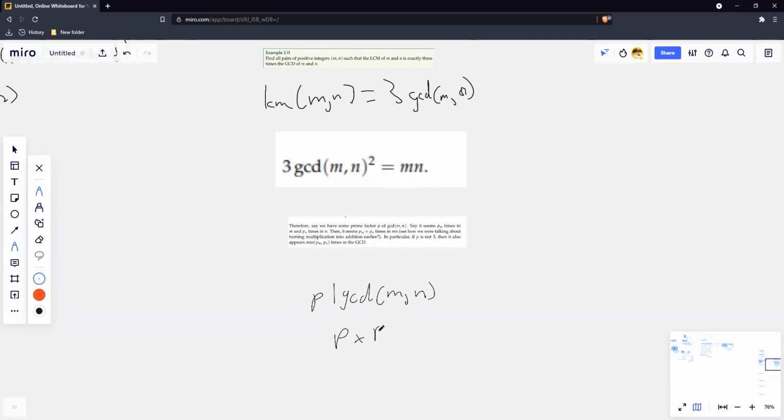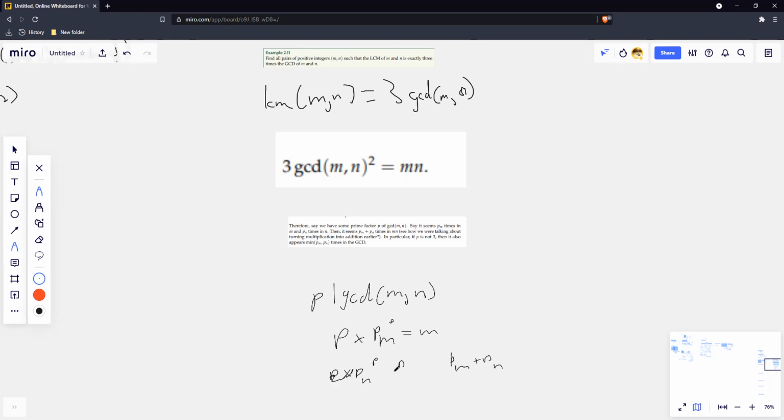Let's say p appears a times in m, and then let's say it appears b times in n. Then it seems that p appears a plus b times, right? Because if p appears a times in m, we are supposed to use exponents.